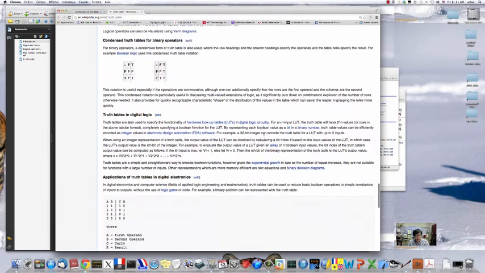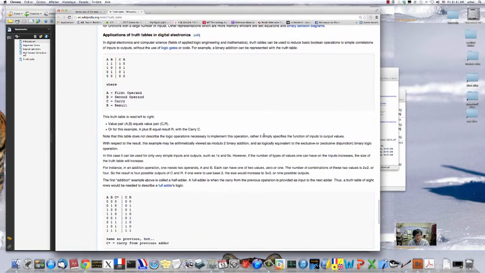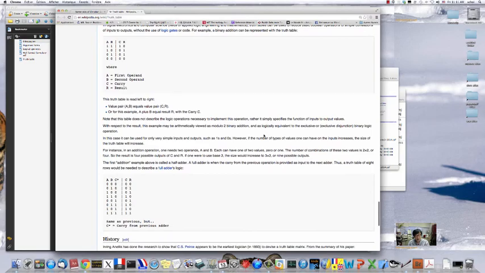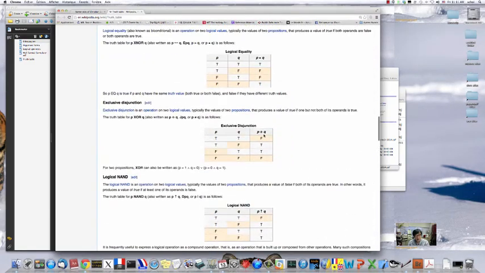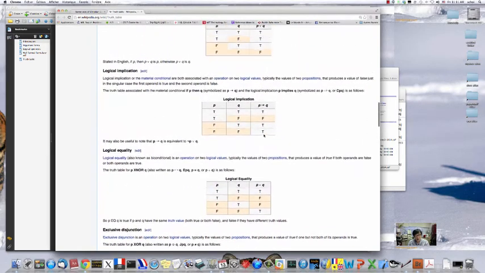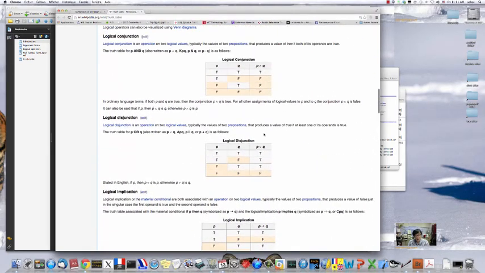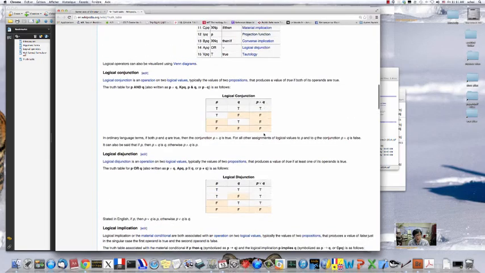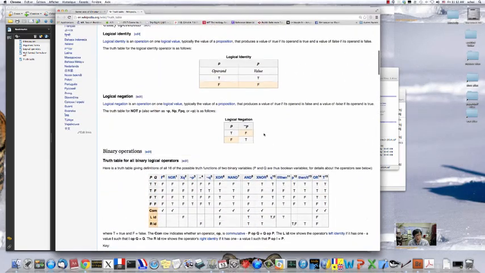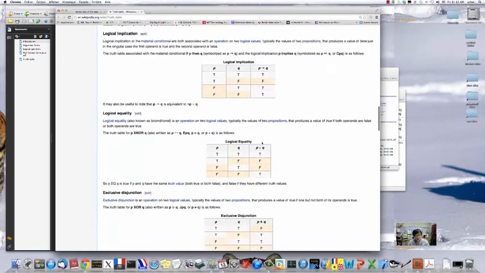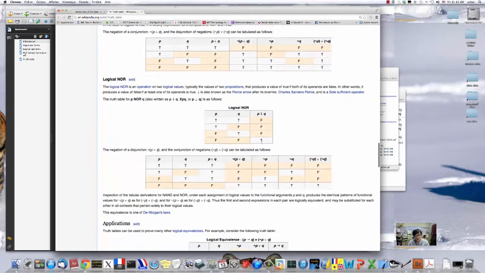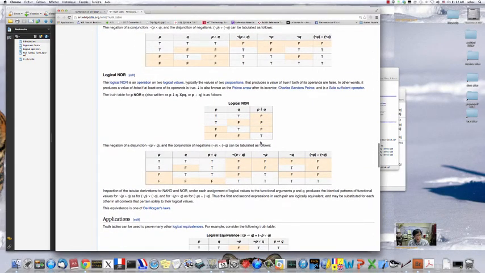You can build a truth table from the elementary ones. The elementary ones are imply, or, and, and the negation. These four are the elementary ones.